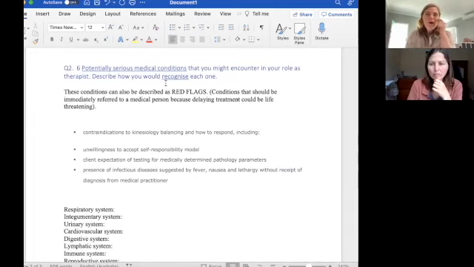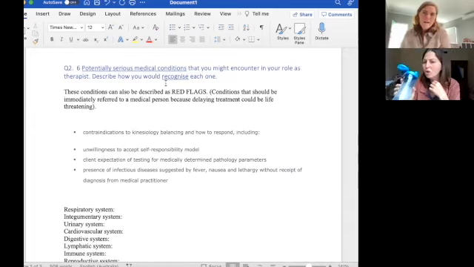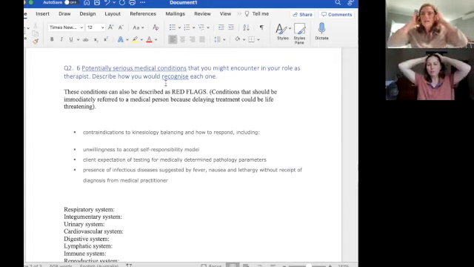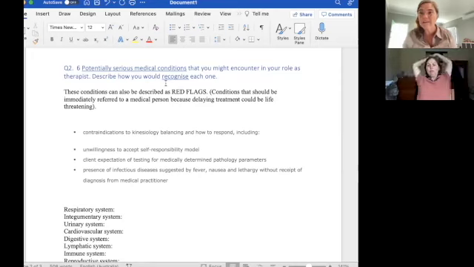If I was working in any kind of health or supportive, like a carer's role, I would use my carer's knowledge there and say, if I was arriving somewhere, what kinds of things would be concerning for me? And in kinesiology, we call these red flags. These are conditions that should immediately be referred to a medical person, because delaying the treatment could be life-threatening.